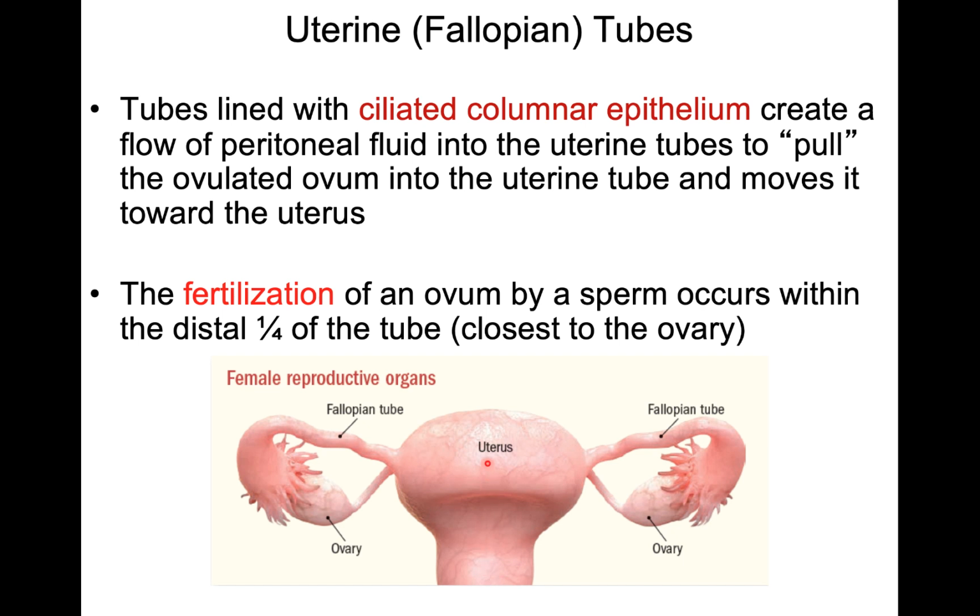The sperm itself needs to swim through the fallopian tube and find the egg. So essentially, the egg is playing hard to get and staying at the end of the fallopian tube. And if the sperm is able and healthy enough, it's going to make its way to the egg and fertilize it. And eventually that fertilized zygote will get pushed by the cilia into the uterus and implant inside the uterus.